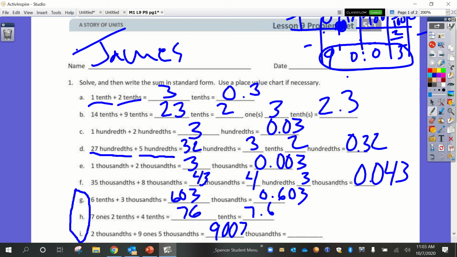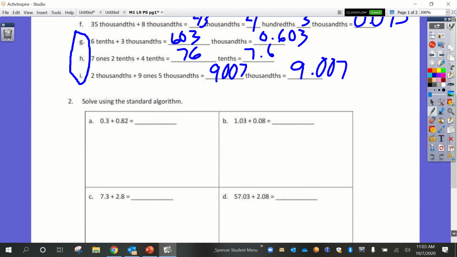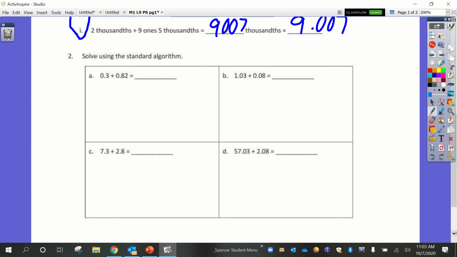But using our place value chart, we can see that that is 9.007. These three, G, H, I, I find that it would be easier for us to not use unit form for those, but actually just to stack them and add them after converting them to standard form.